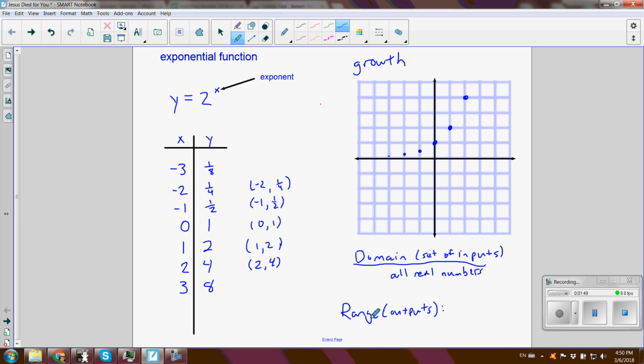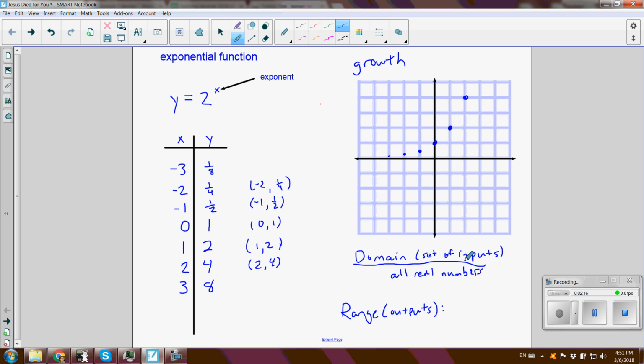The range is all of the outputs that result from putting all the inputs that you can into the function. Well, notice all the points on this function, you always end up with a positive output. Y will never be negative. Y won't ever even equal 0 because the graph will not ever get down to where y equals 0 on the x-axis.